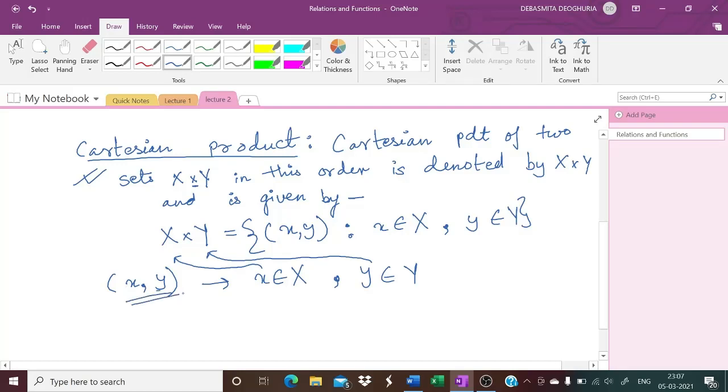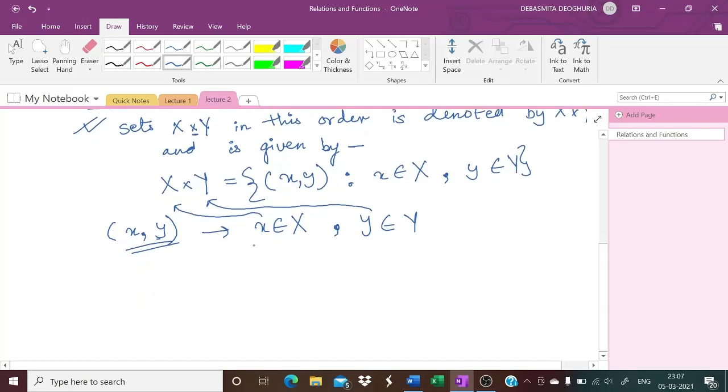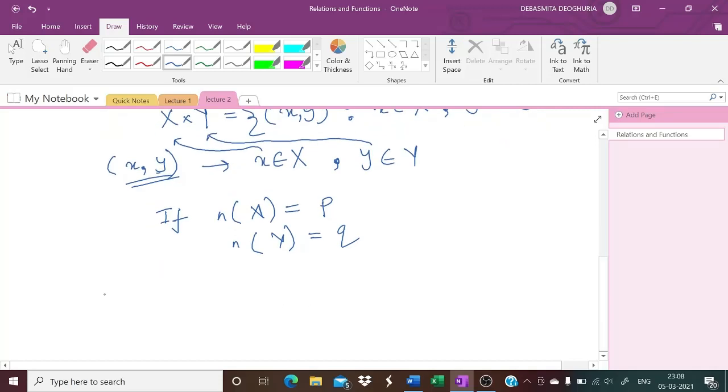So now how many elements will be there in this set of Cartesian products? Suppose that the set X contains P elements and the set Y contains Q elements. So the number of elements in X cross Y will be P into Q.